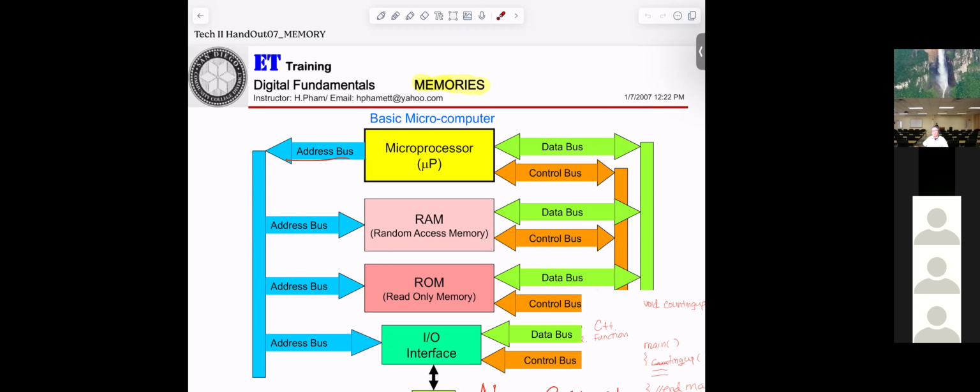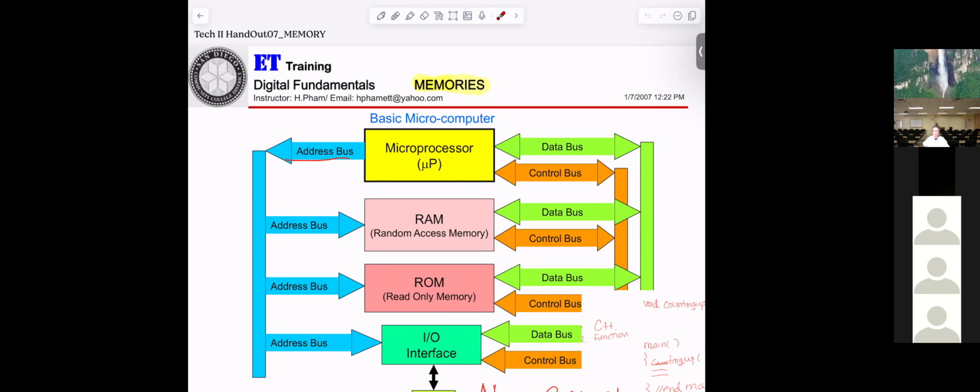I'll give you an example. When you try to print something, okay, then here the input output interface, they connect to the printer. Okay, so if you want to print something, the CPU will send the signal to the printer, asking for printing.